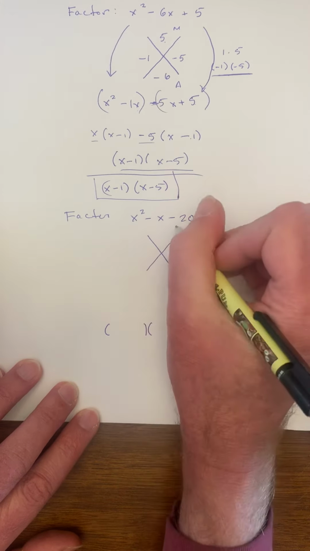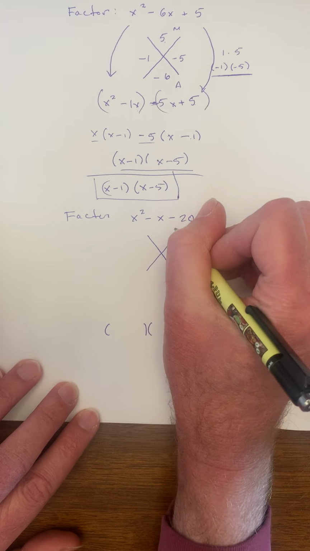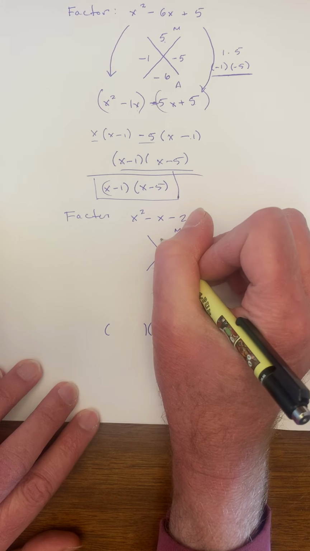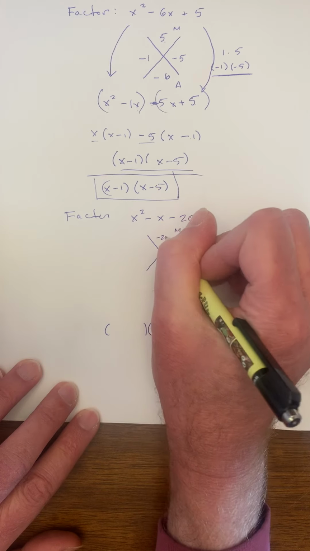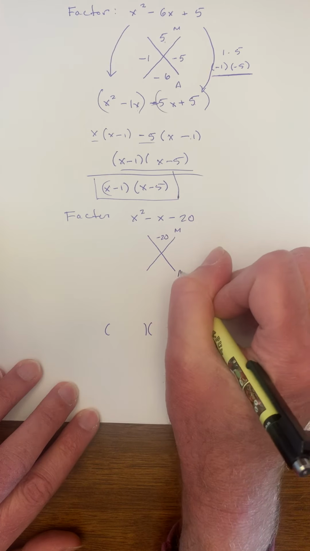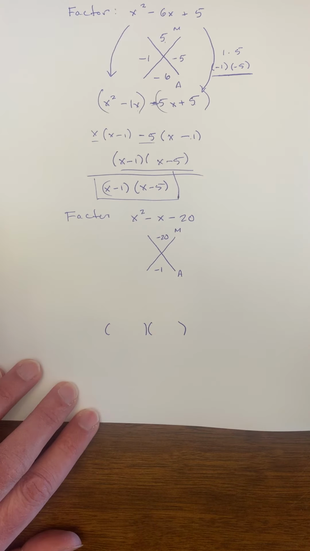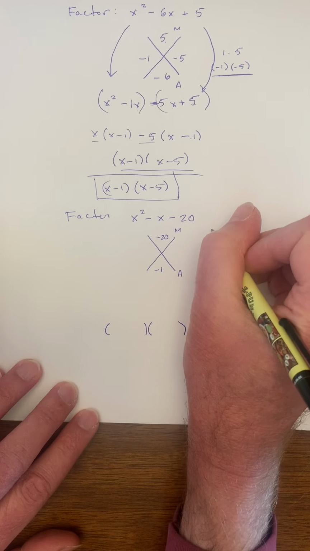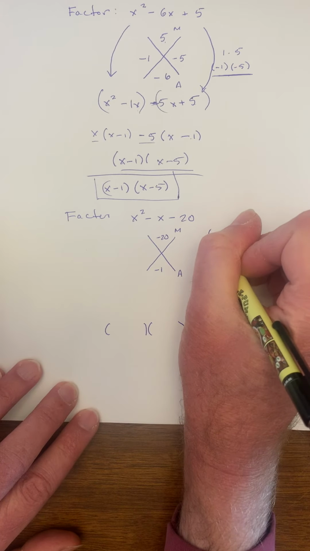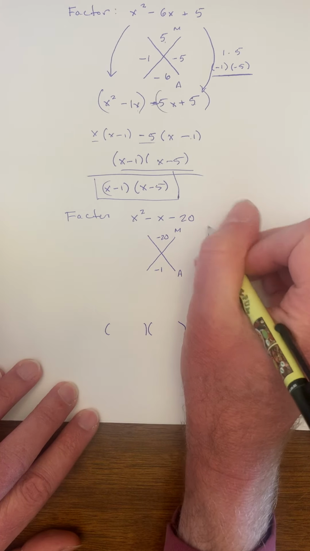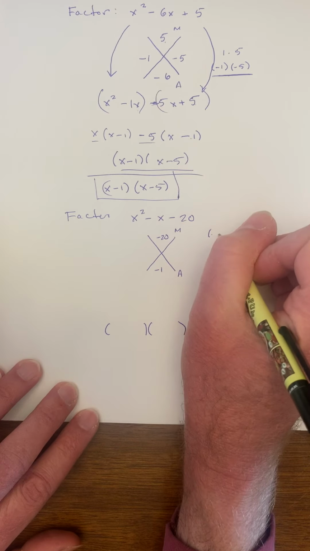I'm going to say what multiplies to make negative 20 and adds to make negative 1. Well, multiplying to make 20 is 4 times 5, but it has to be negative 20, so one of them has to be negative.